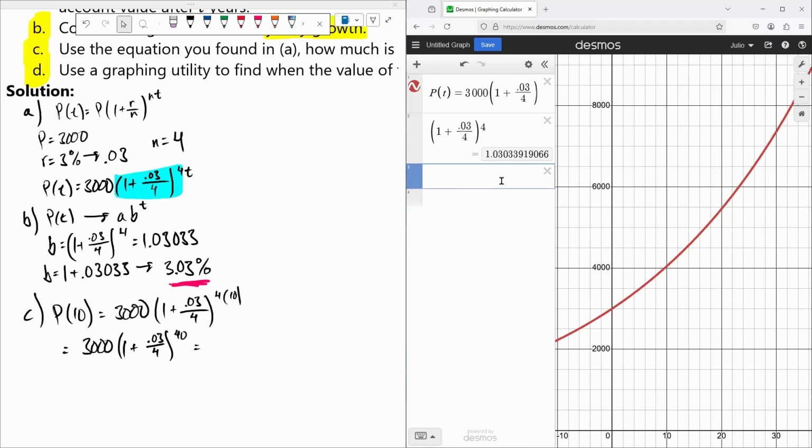Okay, and I can do now P of 10. In 10 years, I'm going to have $4,045.04. Yay, I made $1,000. $1,045. Whoop-de-doo, right?